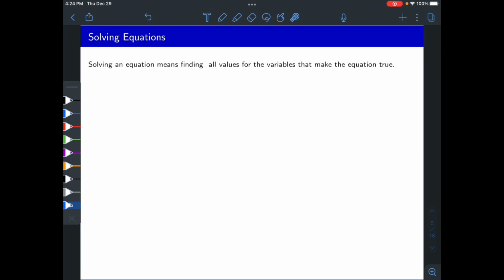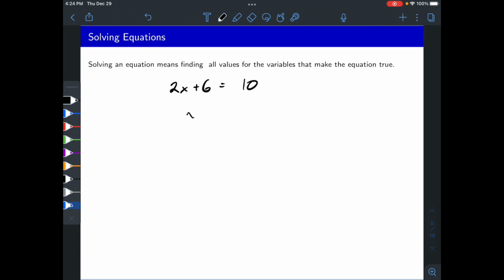On that note, when you're trying to find that unknown quantity, that's basically what it means to solve an equation. So if I were to say 2x plus 6 is equal to 10, then to solve this equation just means to find all of the values of your variables that make this equation true.